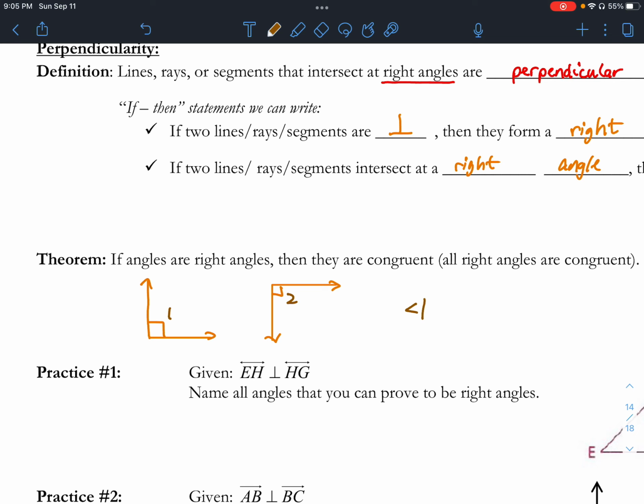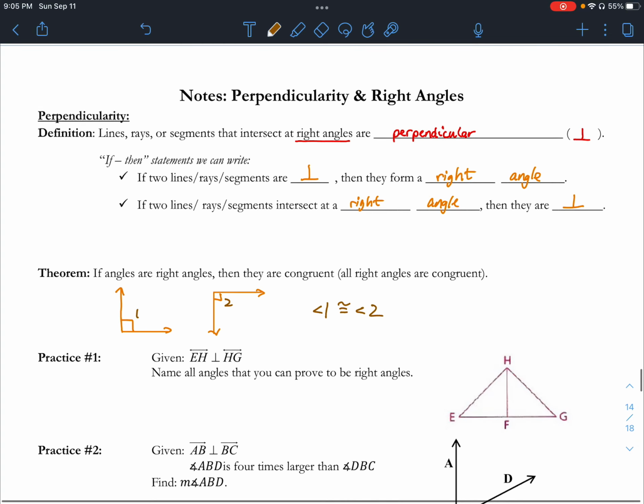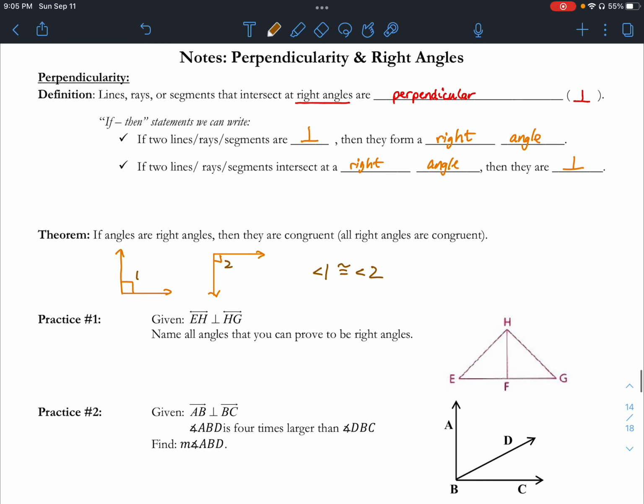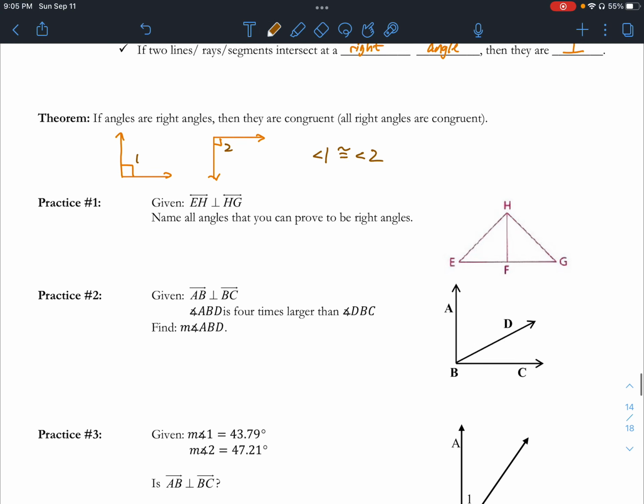We could say angle 1 must be congruent to angle 2, because two right angles, no matter where they are in the world, must both be 90 degrees. And that's the definition of congruent, having the same angle measurement.